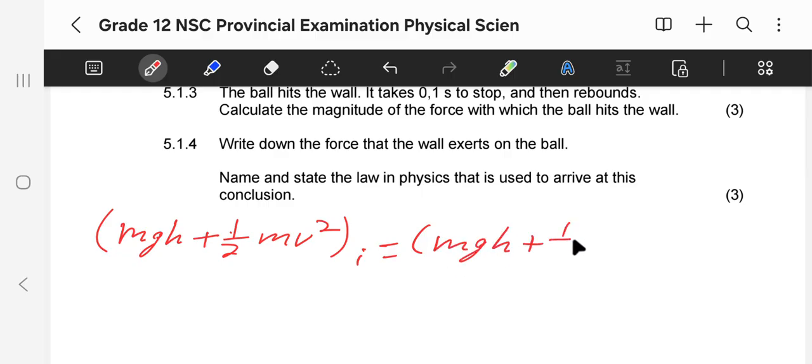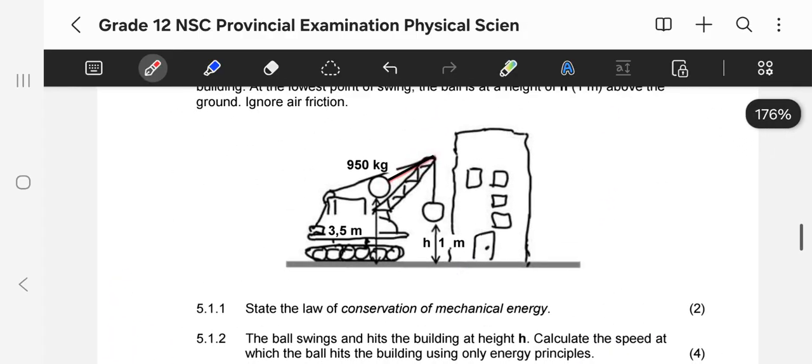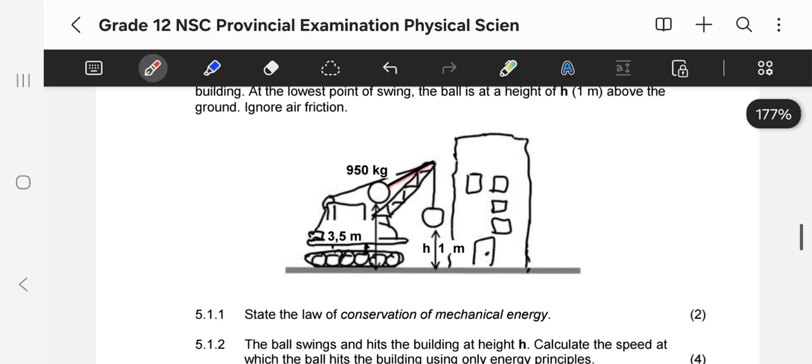That's what we will be using here. So this one is the initial velocity and this one is going to be the final velocity. This is after, final. And then we'll substitute. And when we read our statement, guys, you'll realize that the ball was, okay, let's start with the height. We have to substitute on mgh.